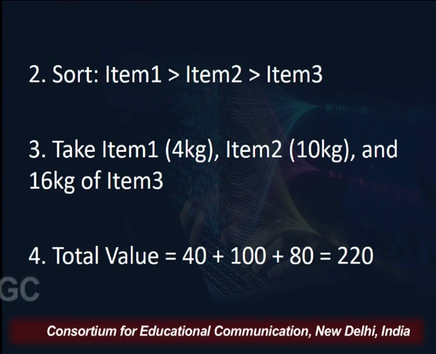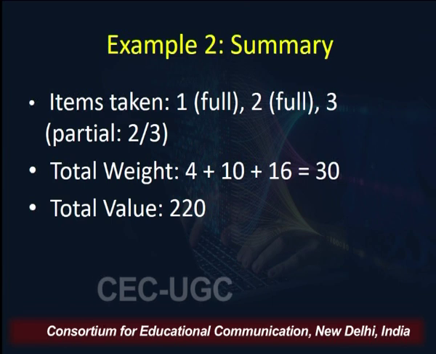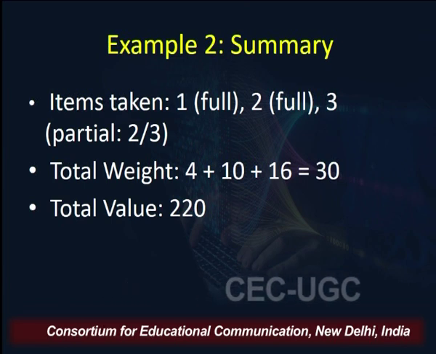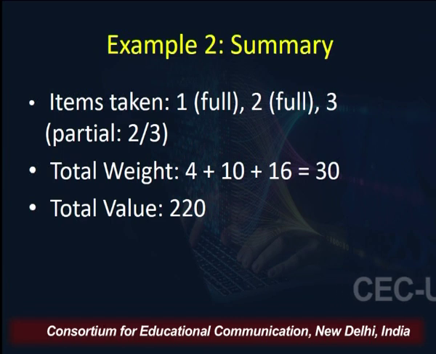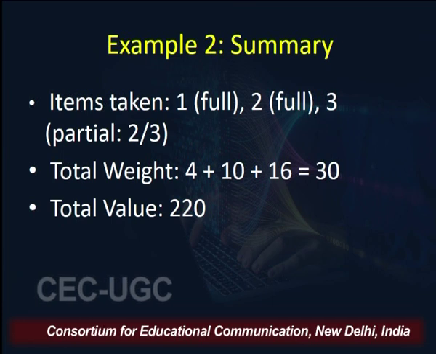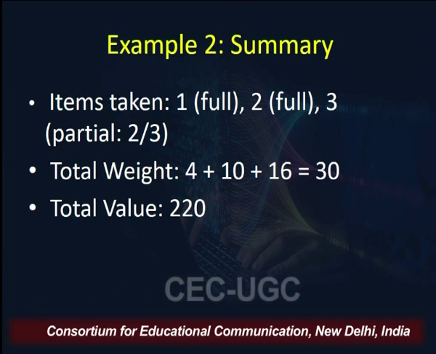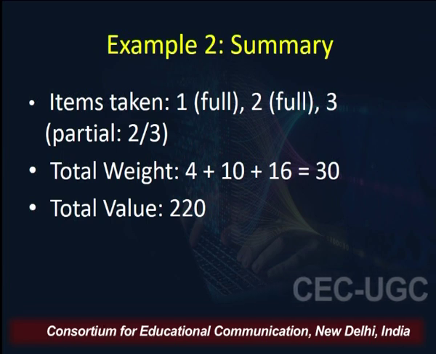So, that makes 220 in total. And if we talk about the total capacity of the knapsack, we are within the limits, since the total capacity of the knapsack is 30. So, we have taken the first item in full, the second item also in full, and the third item again 2 by 3, which is partial.